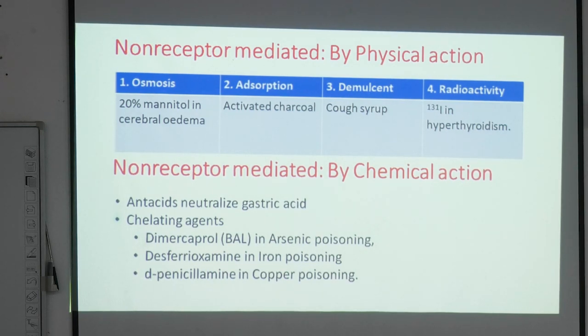Non-receptor mediated by physical action. I told you, osmosis: 20% mannitol in cerebral edema. When you give mannitol in cerebral edema, we expect intracerebral pressure to go down, and that is the osmotic effect of mannitol.